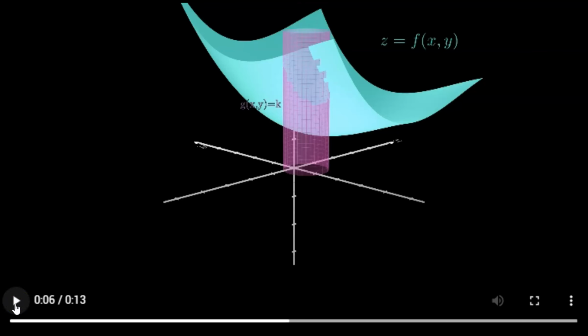As we're looking at this, you'll notice that there is a circle or ellipse, it's difficult to tell which, where our constraint intersects the surface that we're interested in. Along this intersection, we have a maximum value and we have a minimum value.